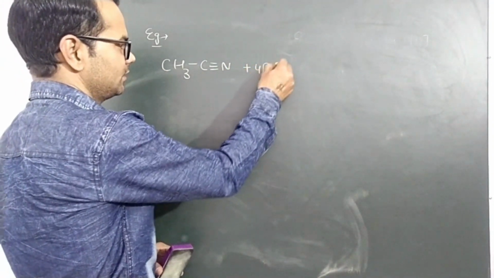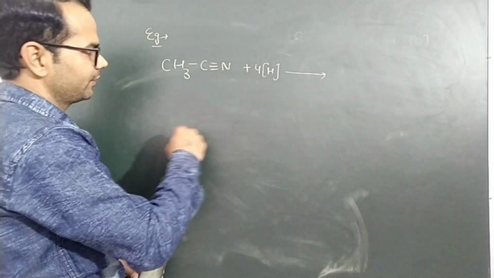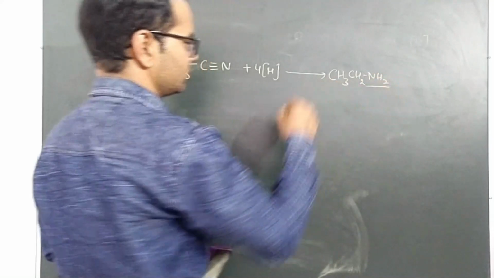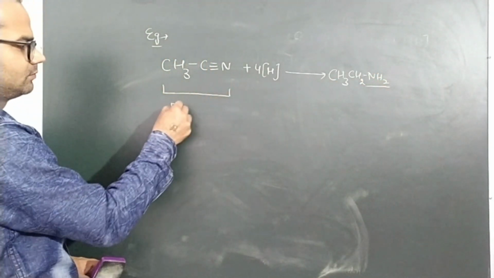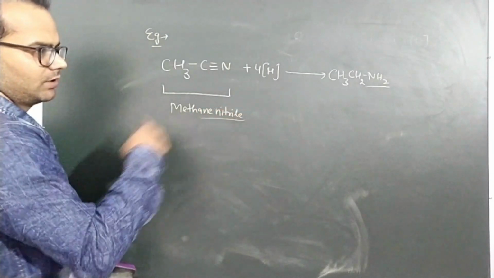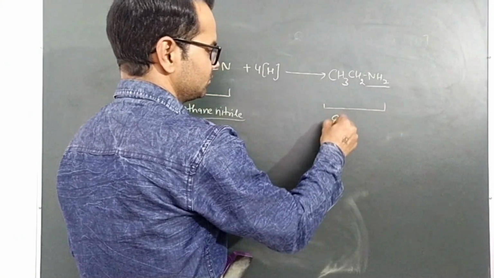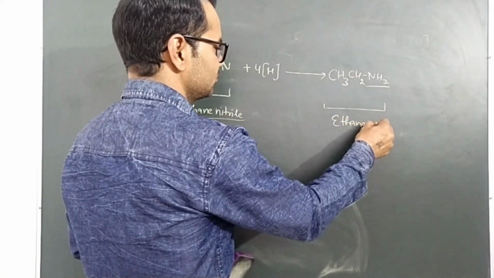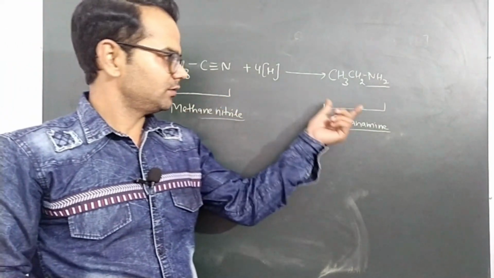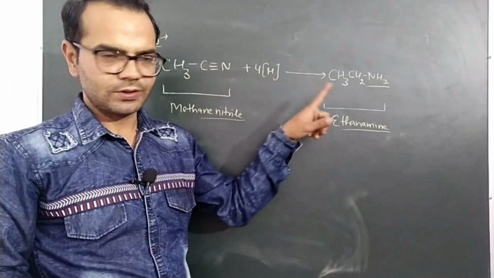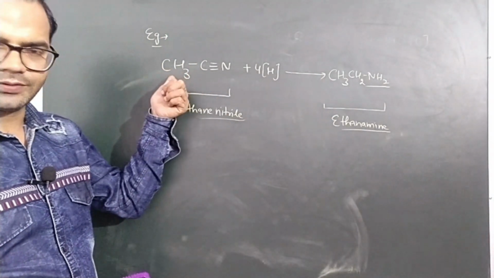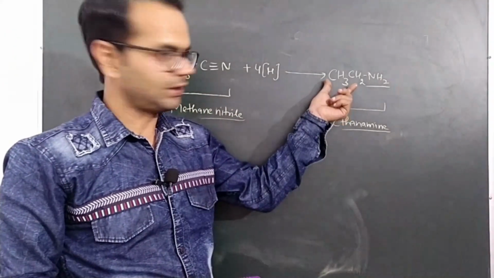By using 4 nascent hydrogens, it will undergo reduction. So CH3CH2NH2. The compound is methane nitrile, but the final product is ethanamine. So in the formed amines, they contain 1 carbon more than the starting reactant. Here we have a methyl group, but here we have an ethyl group, ethylamine.